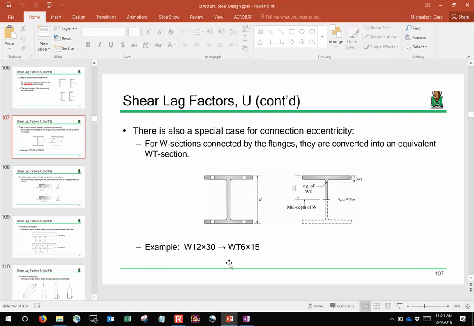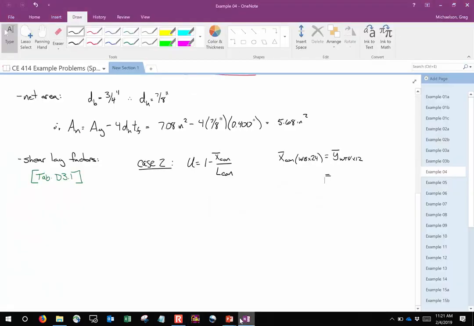Remember, if you have a W section connected via the flanges, you use the equivalent WT that's half as deep and half as heavy. So if you have a W8 by 24, that's a WT 4 by 12. Remember, we don't look up Y sub P, we look up the Y bar. So what is the Y bar for a WT 4 by 12? 0.695.